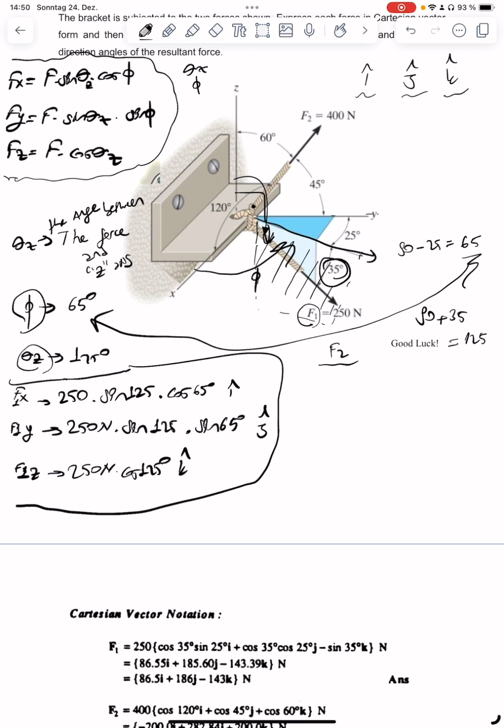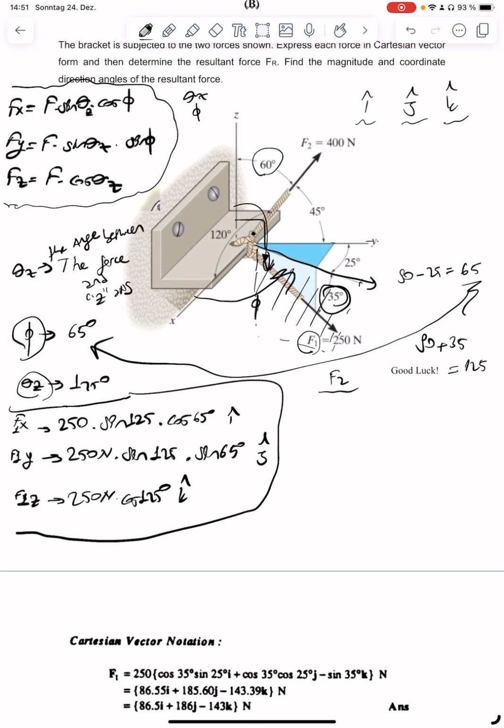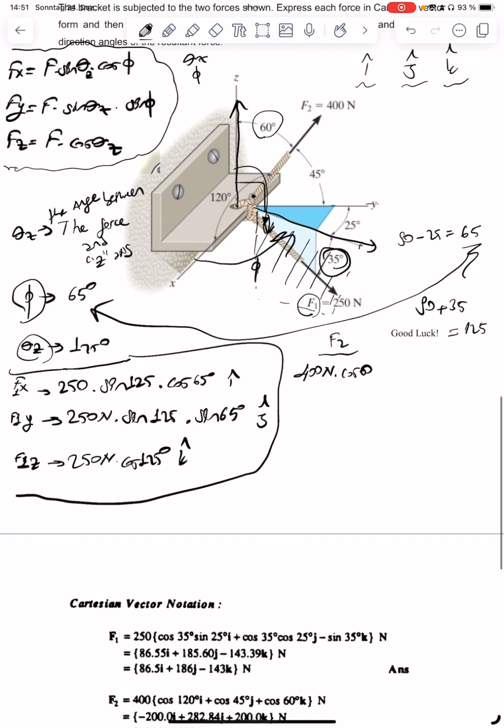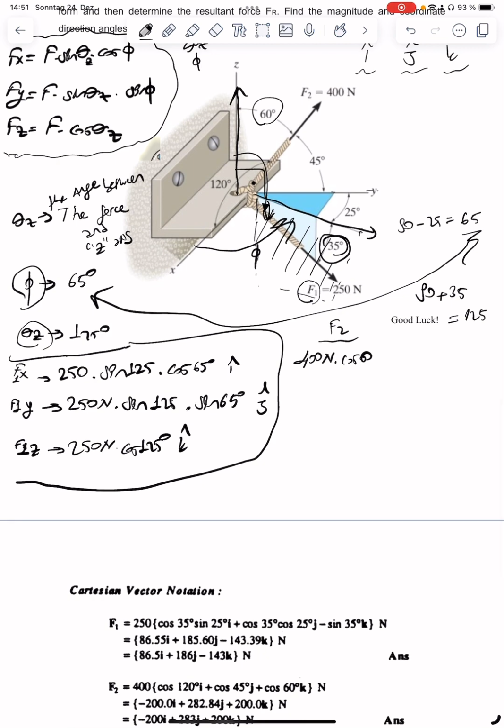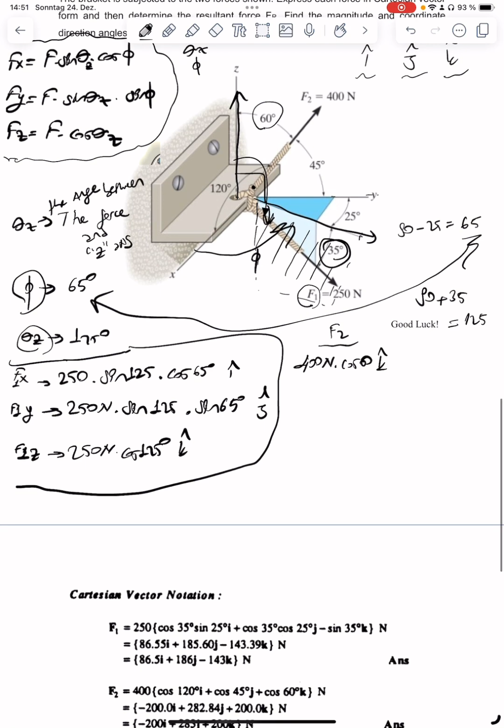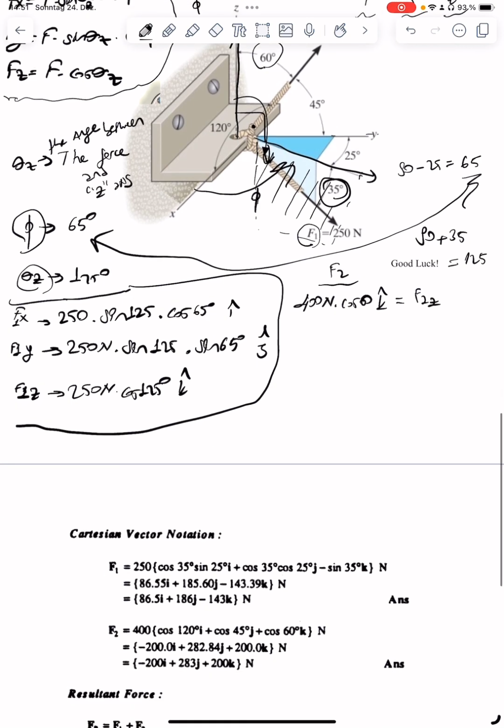For instance, we have the angle between the z-axis and F2, so we can use cosine, 400 Newton times cosine 60, and in the z-axis F2 is k hat because it is the positive direction in the z-axis. It's equal to F2 in the z-axis.